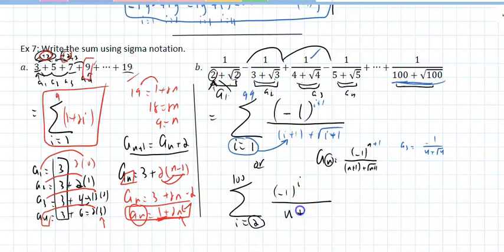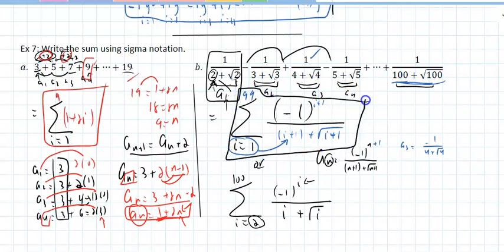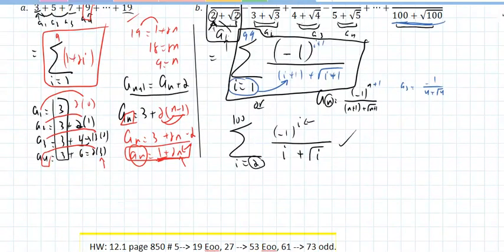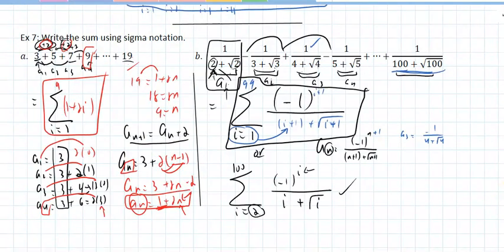N plus square root of n, except you're going to use I instead. Remember that? And does this give me the right sign? So if I start with 2, plug 2 in, the very first term now is not a sub 1 anymore, it's a sub 2. We prefer this answer, of course, but that is acceptable as well. And that's pretty much it for this section.